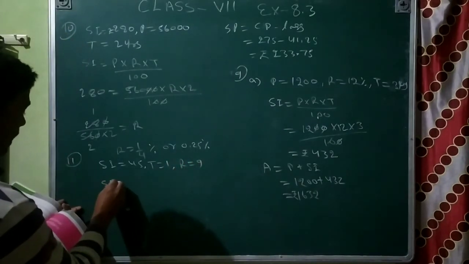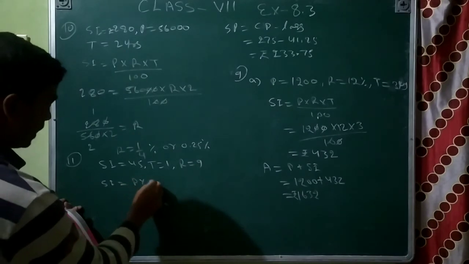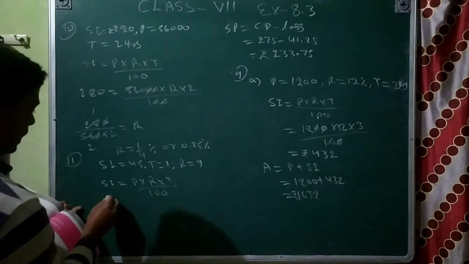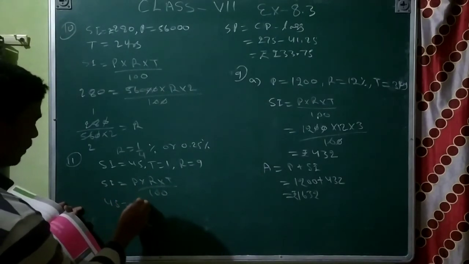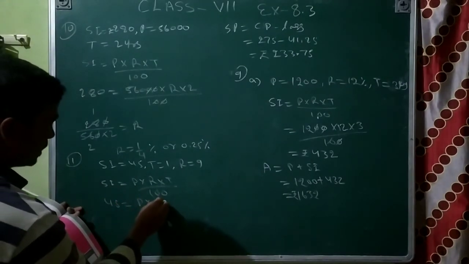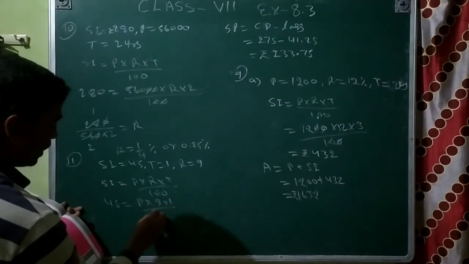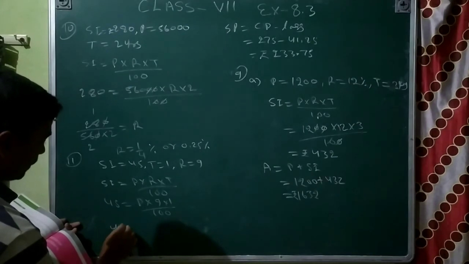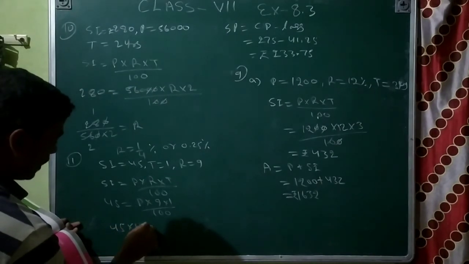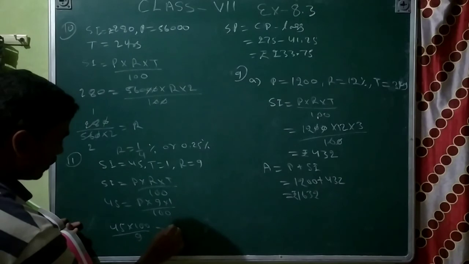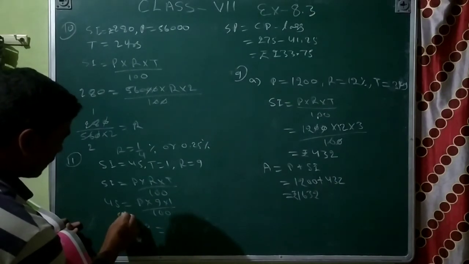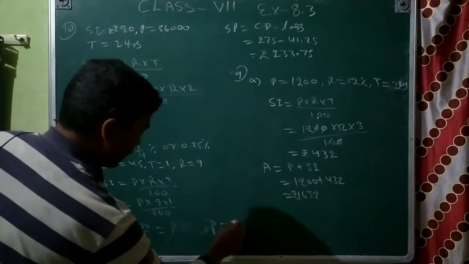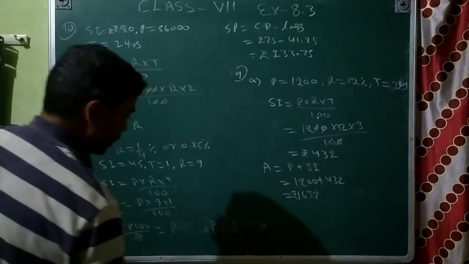So SI is equal to P multiply R multiply T upon 100. SI is 45 is equal to P, we need to find that, R is 9 into 1 upon 100. So P is equal to 45 into 100 upon 9. So 9 5s are 45. So P is equal to 100 5s are 500 rupees. Okay.